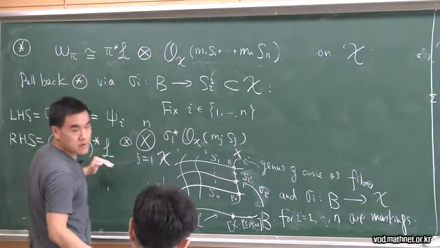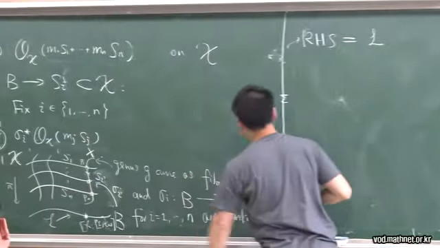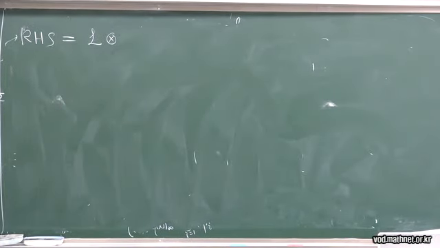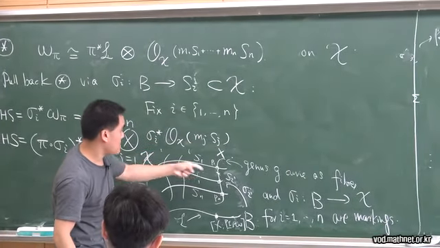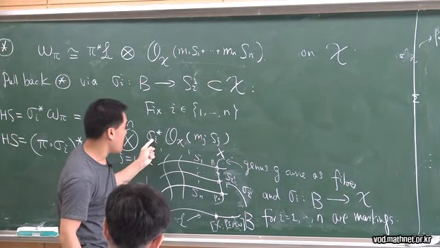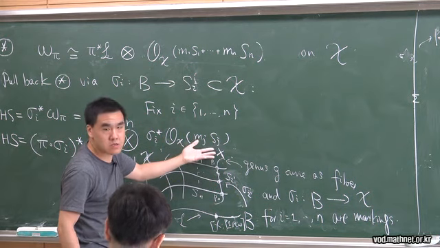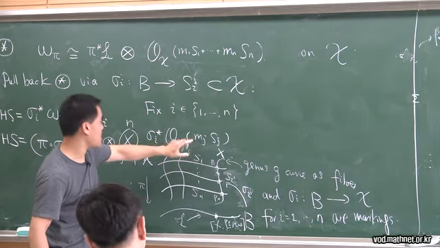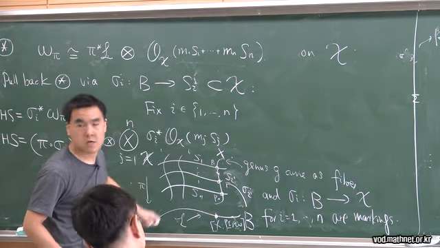So this part is nothing but L. The first term is easy because sigma i composed with pi is identity. Now for the tensor product, if I take any other j different from i, Sj and the image of sigma i, Si, are disjoint. For any j not equal to i, I just pull back the trivial bundle because Si and Sj are not intersecting. So the only thing I need to care about here is when j equals i. That's the only non-trivial thing I may get.